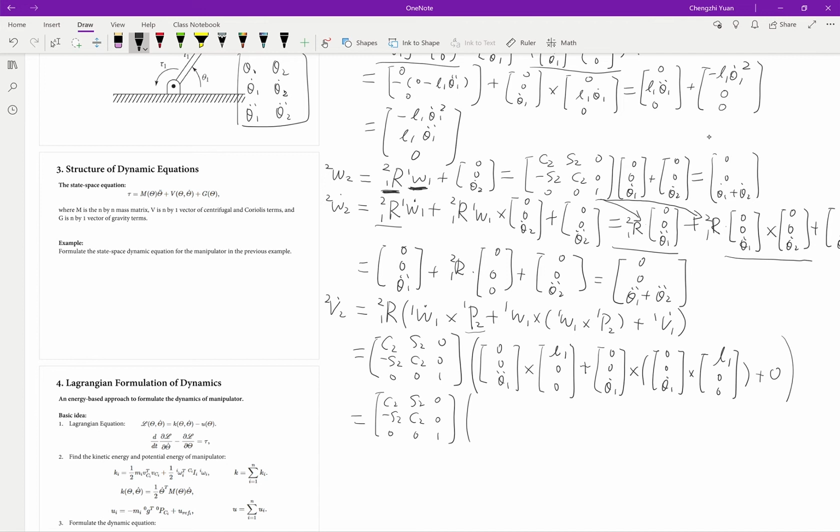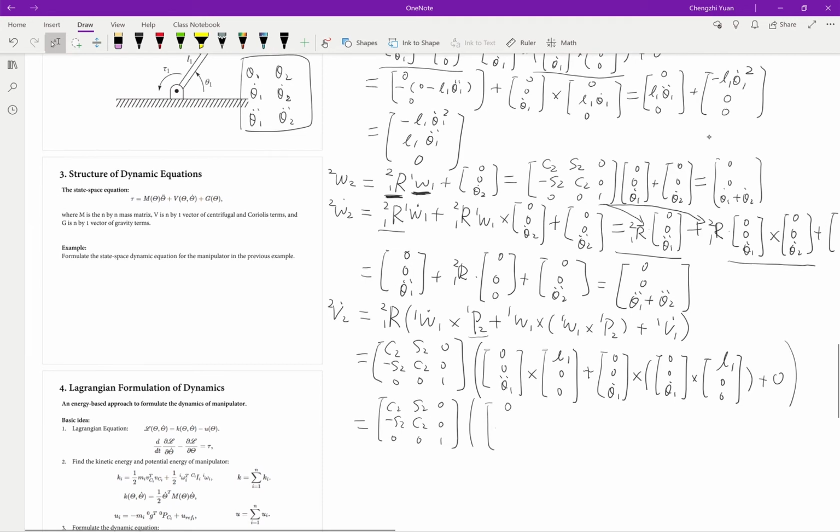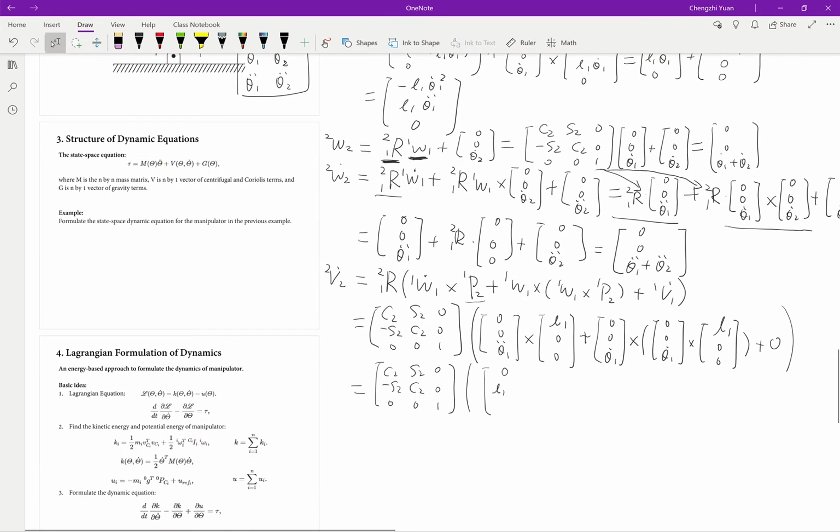For this cross product, we ignore the first row, and the first element will be 0. For the second row, we ignore the second row, and negative times negative L1 is positive, so it will be L1 theta 1 double dot.